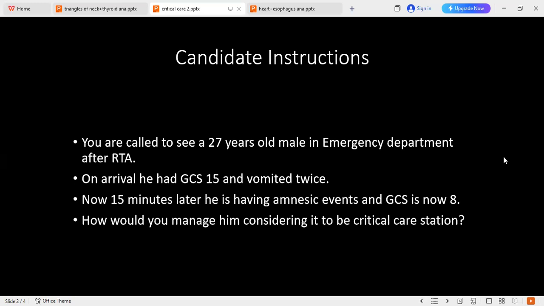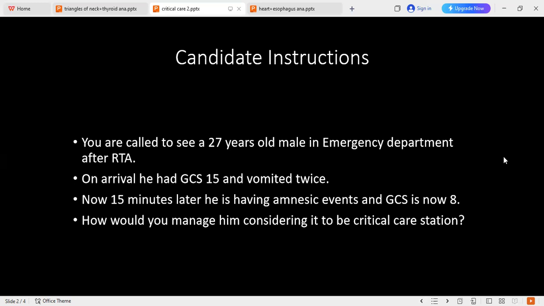Please tell me, what measures would you take to make sure the patient does not go into cerebral edema? You have intubated, what else would you do?